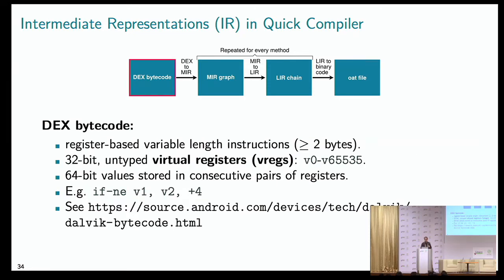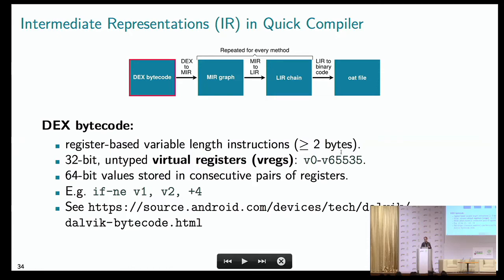So let's have a look at the input of the quick compiler. We said this is the Dalvik bytecode. The Dalvik bytecode is a register-based instruction set where instructions have variable length. The minimum is 2 bytes, but they can be greater. The registers are called virtual registers, or VREGs, and they are 32-bit in size, and they are untyped. This means that a virtual register can contain an integer, it can contain a float.